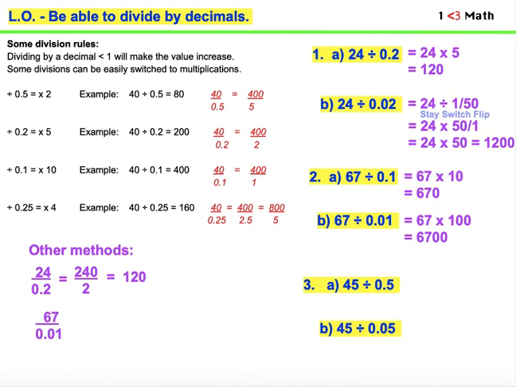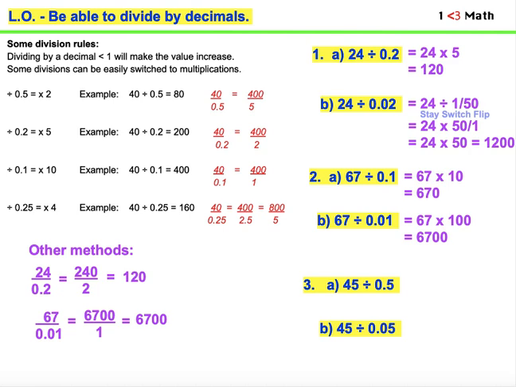Now another method of doing that is saying, well, 67 divided by 0.01. Now to make 0.01 into a whole number, you could times both numerator and denominator by 100, and that would give us 6,700 divided by 1 using equivalence, and therefore that is going to be 6,700. So again, there's many different ways that we can do this.